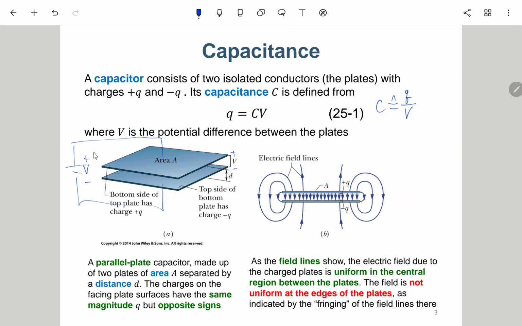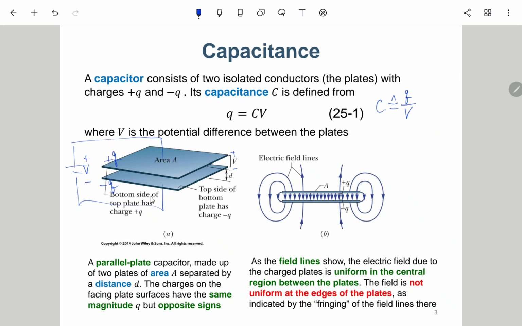Suppose the wire is a perfect conductor, then there will be V across these two parallel plates. If we apply the potential difference there, then some charges accumulate on the plates. Let's say the top plate is positive and the bottom plate is negative, so there will be positive Q on the top plate and negative Q on the bottom plate.